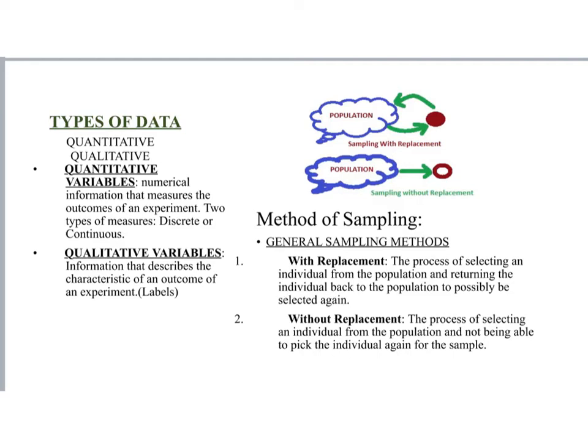So the general sampling methods are with replacement, the process of selecting an individual from the population and returning the individual back to the population to possibly be selected again. And without replacement, the process of selecting an individual from the population and not being able to pick the individual again for the sample.